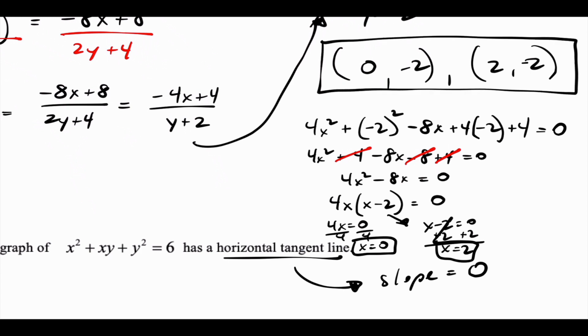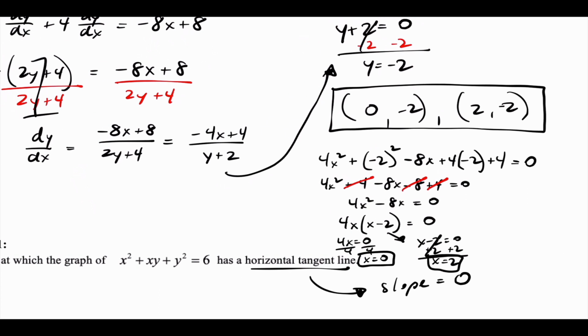There are 2 points that have a vertical tangent line, because when I factor out a 4x, I just use the zero product property, set them equal to 0, and I got 2 answers.